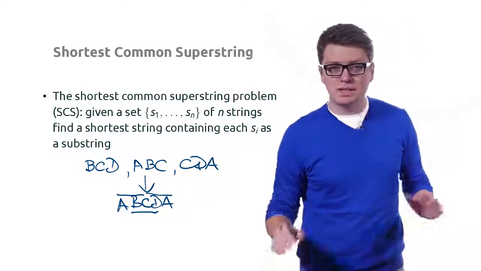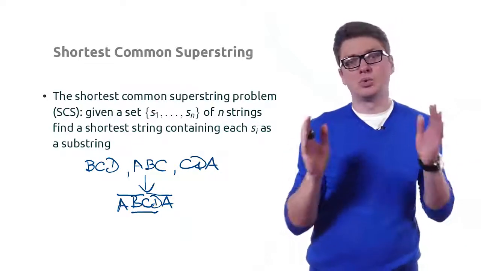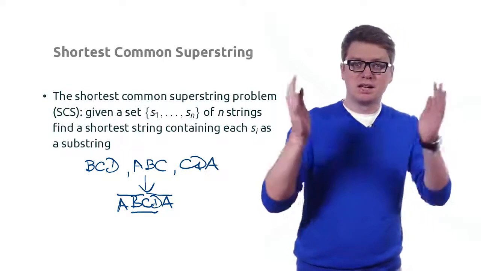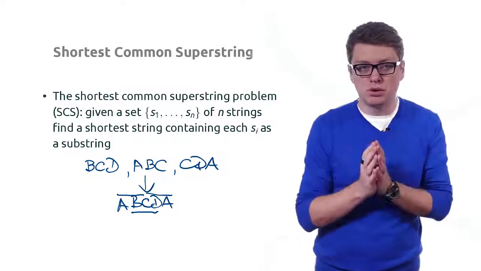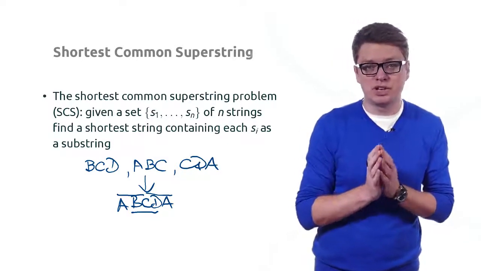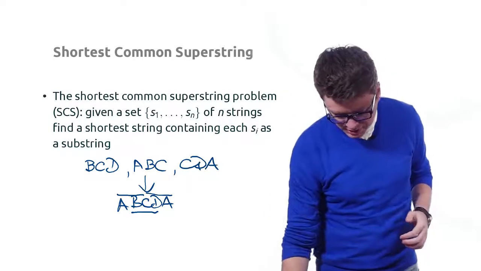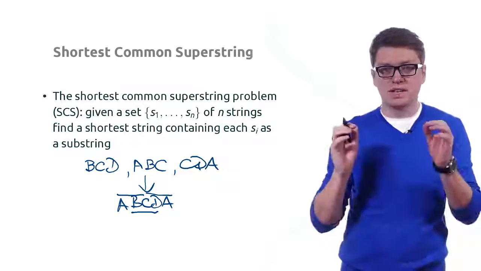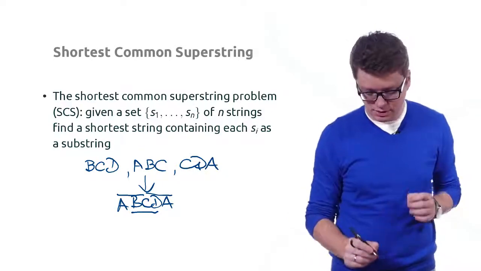So this essentially allows us to compress these n strings into one. In particular, if we have many such strings that can be compressed into one string which is not too long, this allows us to store these strings more efficiently and also to use less space. In particular, instead of storing just BCD, ABC, and CDA, we just store the indices of the appearance of the first symbol in the superstring.